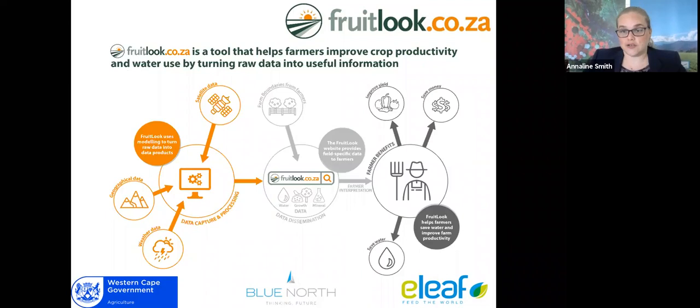So, like I said, it's not pure satellite data. We get satellite data. We have about 5 different satellites and sensors that we work with, and they send us various images in different bands. Then we pull in geographical data and weather data. And we have 3 sources of weather data that we use. We first start with the ARC weather stations, and where there is no ARC weather station or confidence has been lost in that ARC station, we use Hortec weather stations.